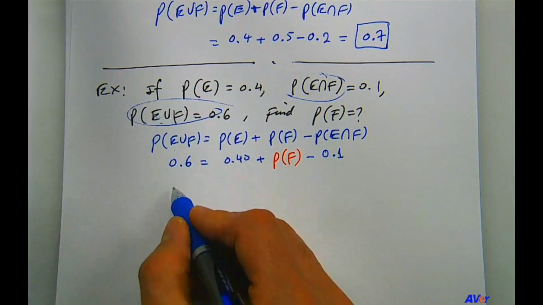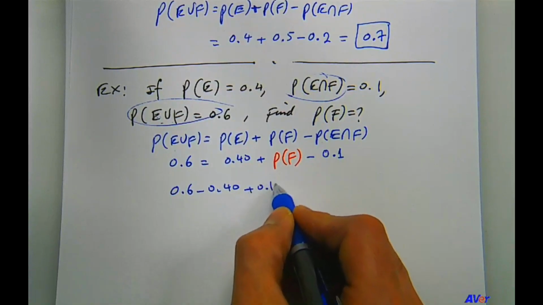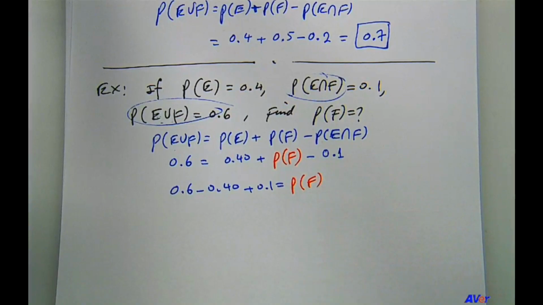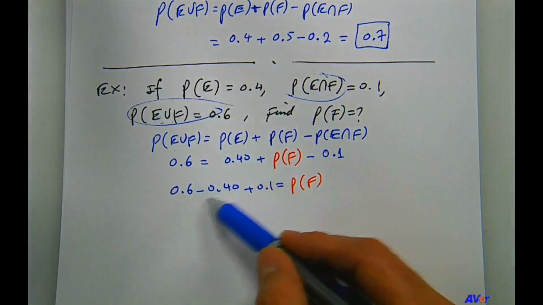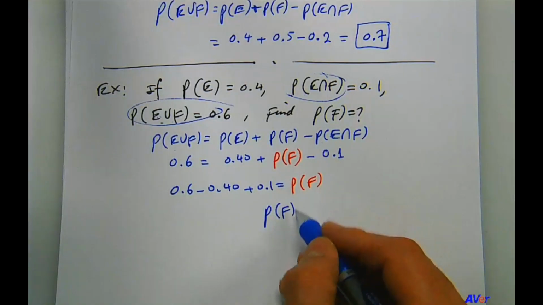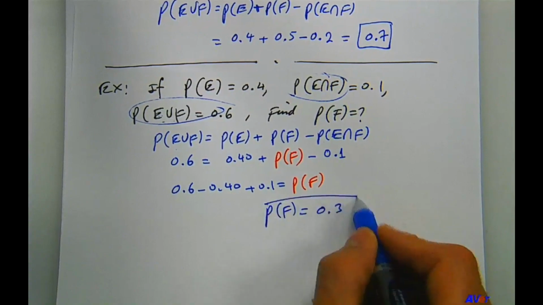So move everything to one side. 0.6 minus 0.4 plus 0.1 equals probability of F. And therefore this is 0.3. So probability of F is equal to 0.3.